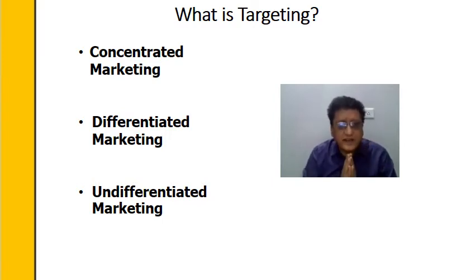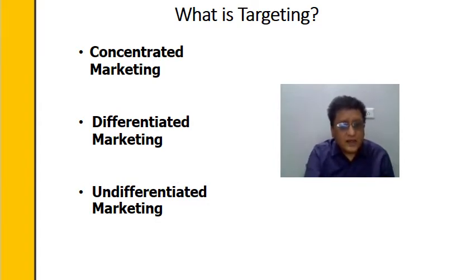So this is targeting. For the purpose of targeting, the seller company takes into account the ultimate objective. Normally managers will take into account which target market will be profitable to them, and if they have the resources to meet them.